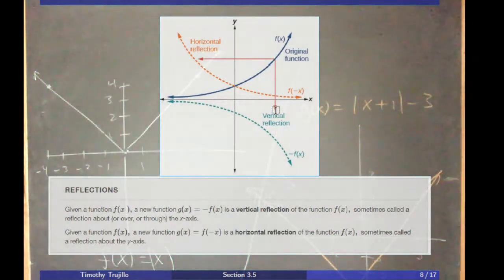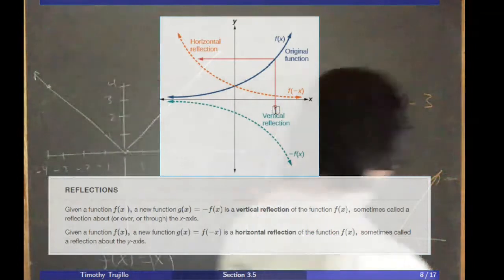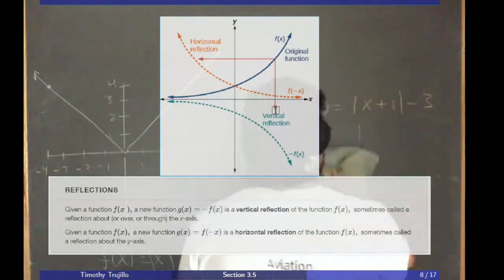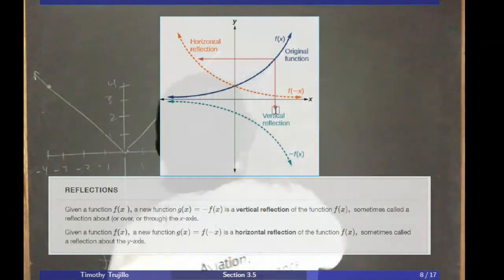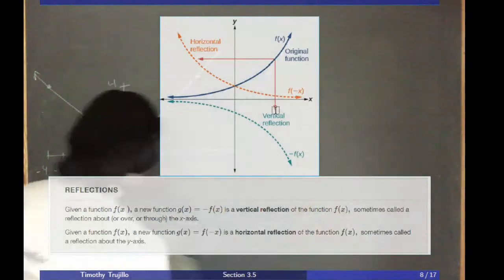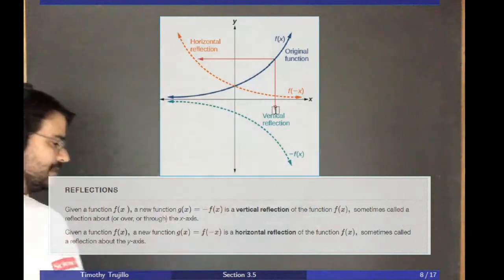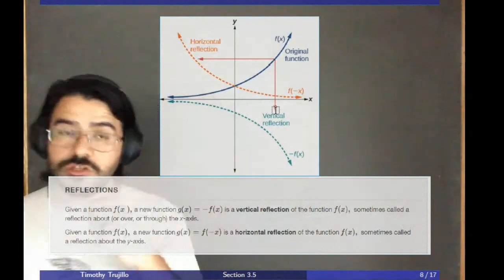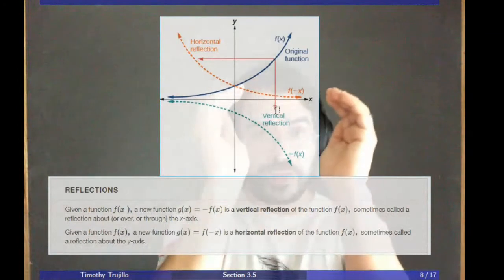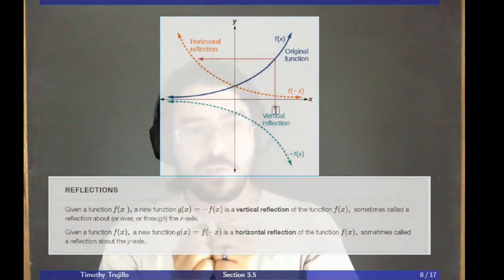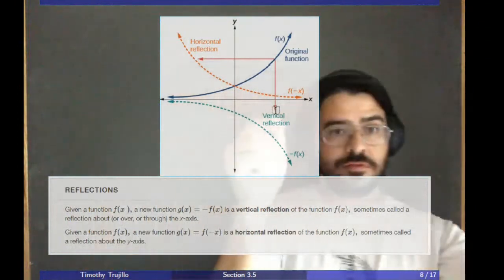So now what we want to talk about is another transformation. And the other transformation we want to look at is reflecting across an axis. Okay? So when you reflect across an axis, what you do is you take an ordered pair like x, y, and to reflect across the y-axis, you replace the x value with its negative.